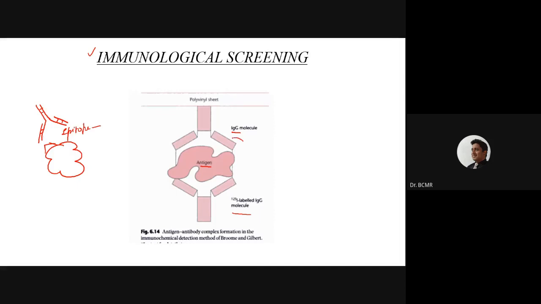And the antibody has these hypervariable regions, the complementarity determining regions, which are the ones that interact with epitopes of the antigens.